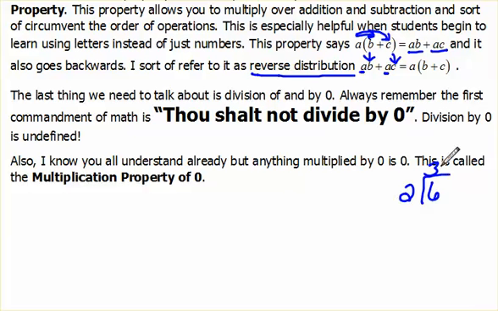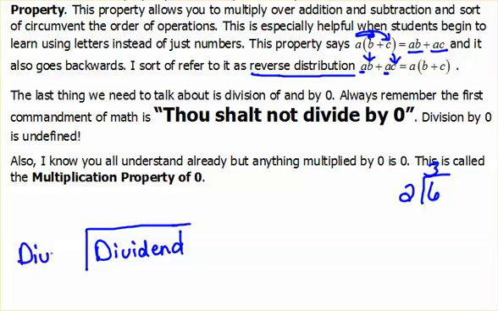Well, each one of those parts has a specific name. The part underneath the symbol is called the dividend. The part on the outside is called the divisor. And then the answer is called the quotient. So we have dividend divided by divisor equals the quotient.